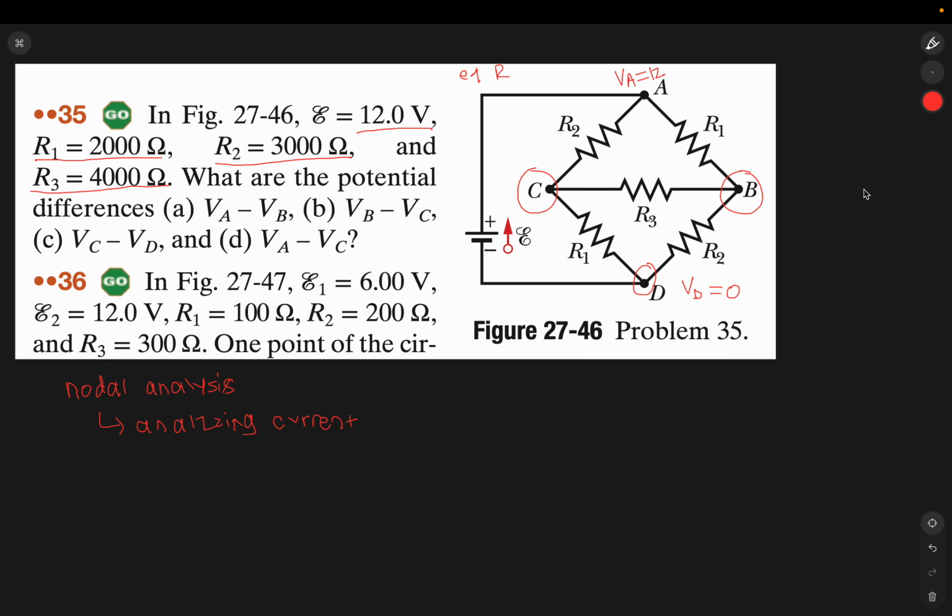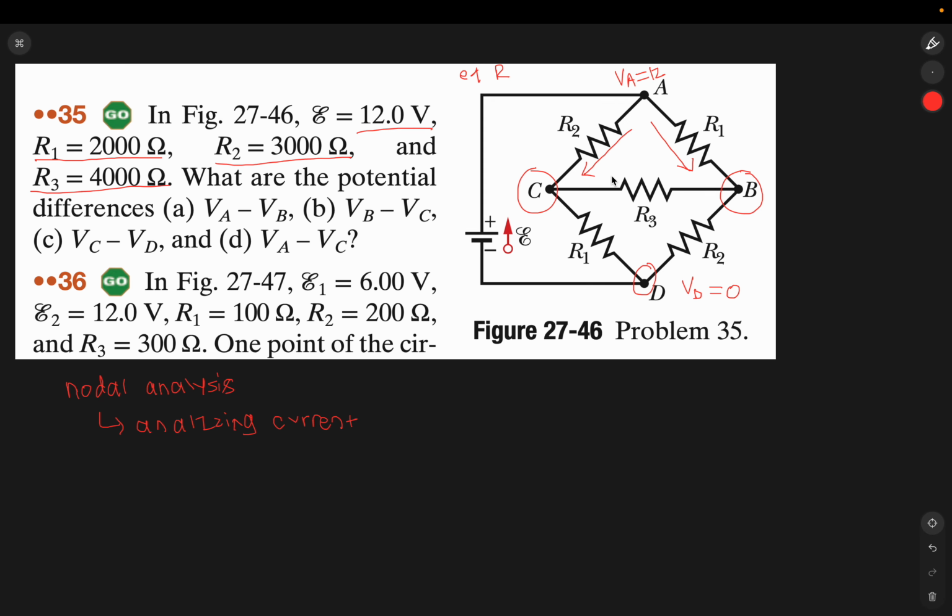First off, we need to indicate the direction of the current flowing through each of the resistors. If we follow our current, at point A our current's going to split and go this way. Here it's a little tricky. We can say that our current flows in this direction or in this direction.